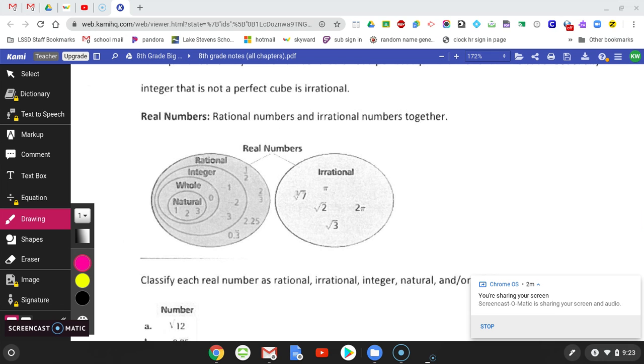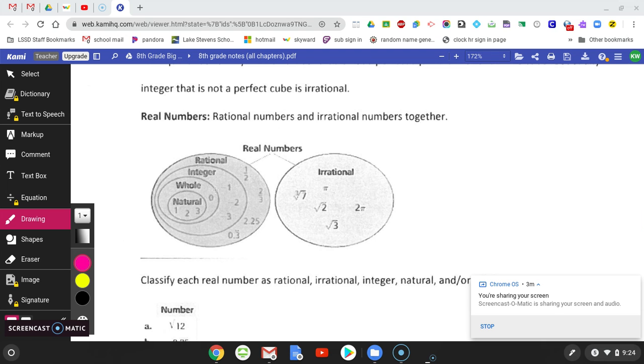Integers are going to be any numbers that you are counting with. So it could be -1, -2, -3. It could be positive numbers, it could be negative numbers. Any of those are going to be our integers.